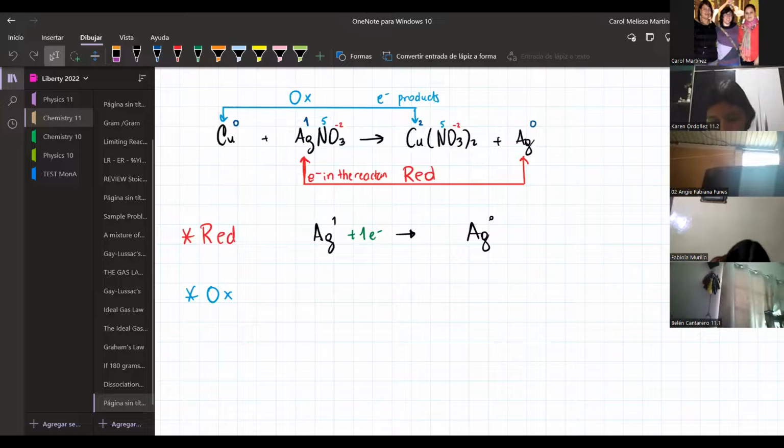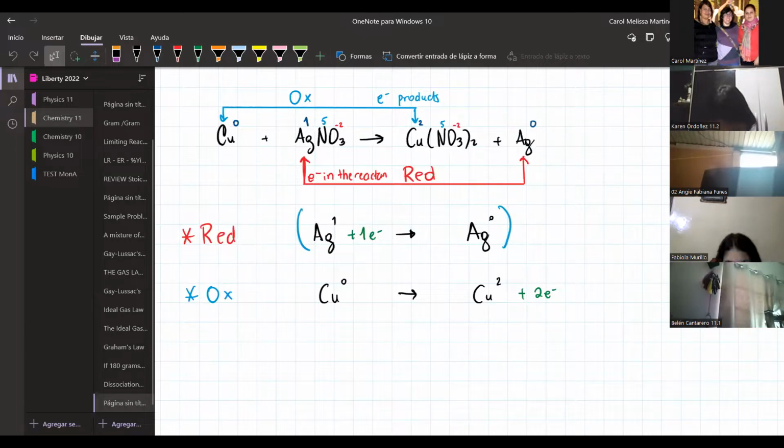Then in oxidation, you have copper 0, and after you have copper 2. So how many electrons to be added? It's already balanced, okay? How many electrons to be added? 2. By what number am I going to multiply the first reaction to have the same number of electrons? By 2. And then we add.